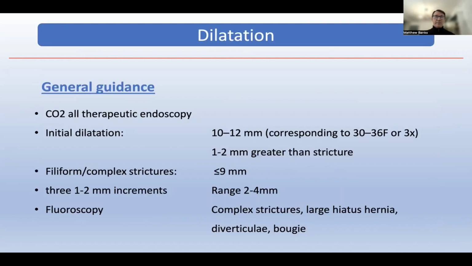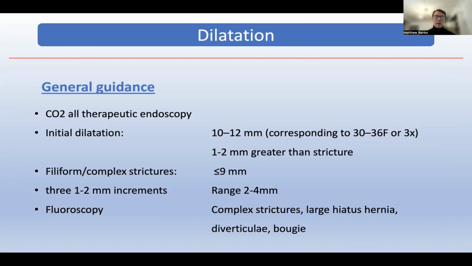So general hints or guidance with regard to balloon or bougie dilatation is always use CO2. Consider initial dilatation of between 10 and 12 millimeters, or if there's a really severe stricture, try to limit it to 9 or less. Although there's no evidence to support the rule of threes, I'd suggest each session you should dilate in 3 increments between 1 and 2 millimeters apart, and then don't go beyond that unless you really feel confident.